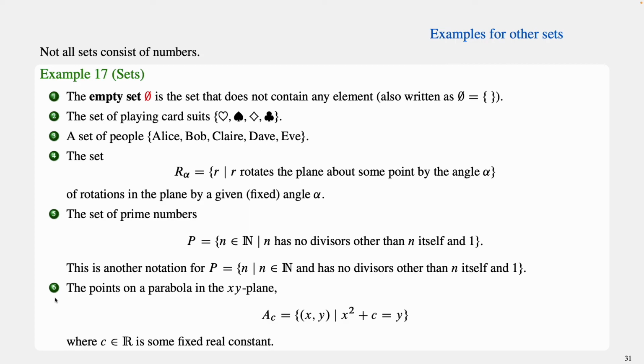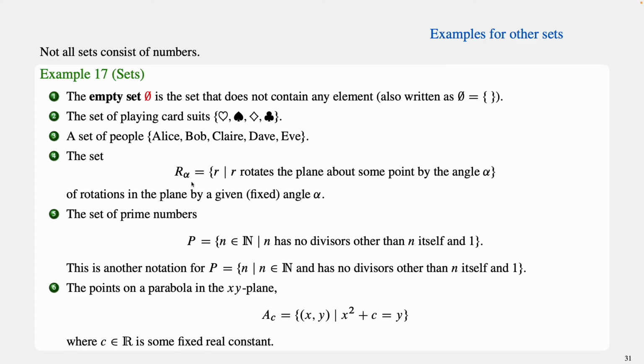And finally, a geometric set again, the points on a parabola in the xy plane. The set is called A index C, and it's the points with two coordinates x and y, where they satisfy this relation, x squared plus c equals y. And here c is some real number that is fixed.